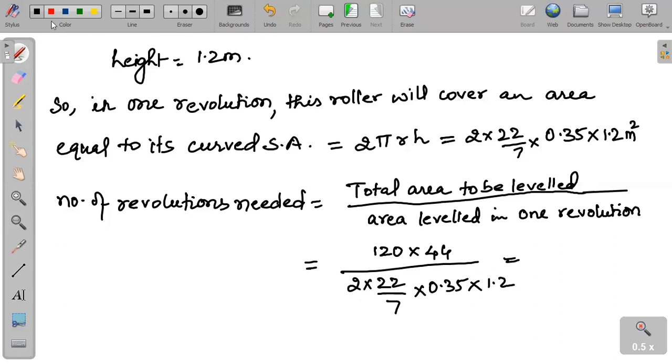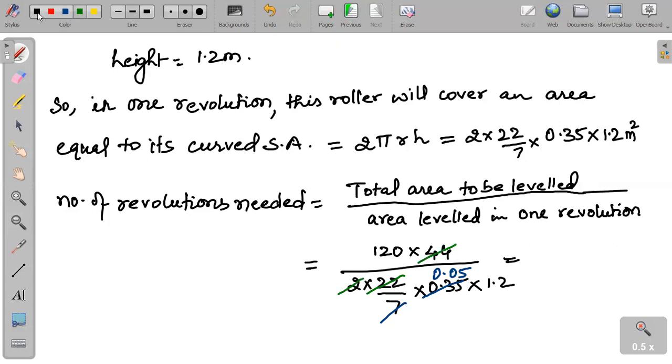This is equal to, I will cut these two, it is going to be 0.1, 0.05, I will cut these two, it will be cancelled.